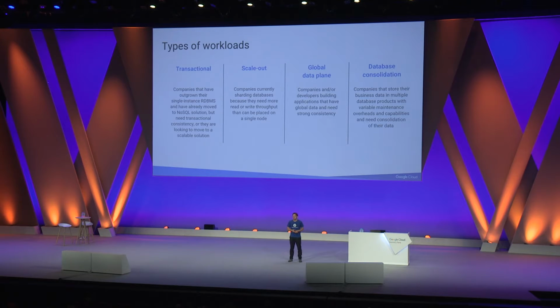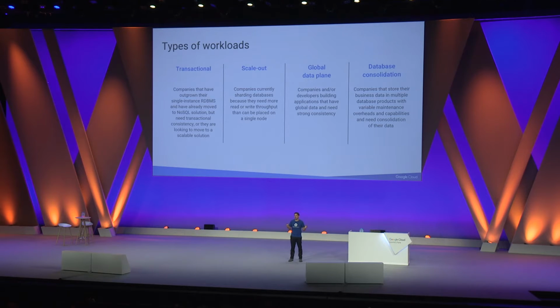Another thing is if you have mission-critical applications. So you really need a database system that is available 4 nines or 5 nines, and you just can't make any sacrifices on this. Again, that is something where Cloud Spanner comes into play. The way that we architect it enables this high availability and disaster recovery, and enables you to basically build a global data plane, where, for instance, if you think of a supply chain management system, you want to really know what items are still in your storage and which items you have sold and things like that.